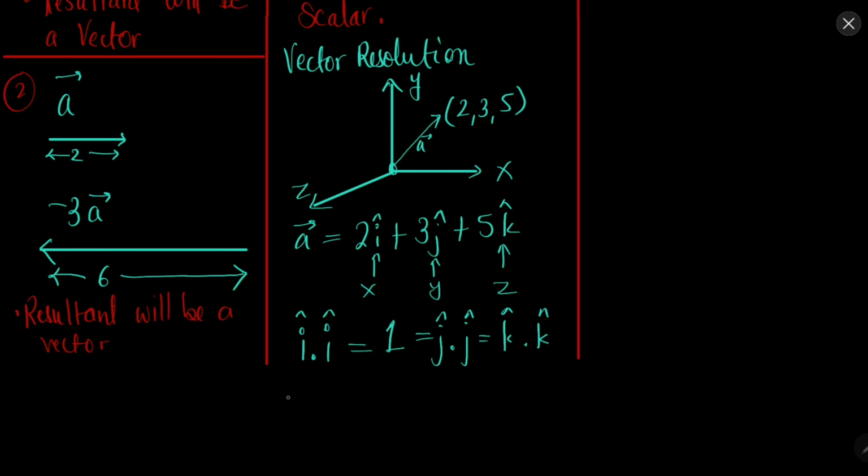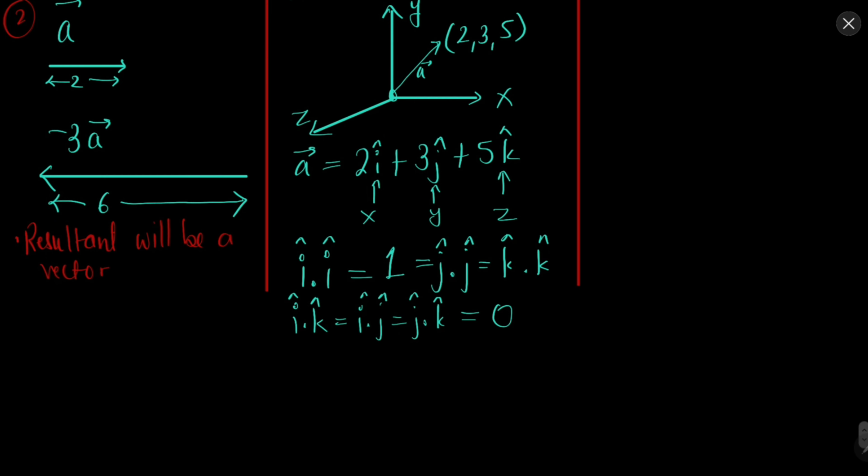all of these will be equal to 1. But what happens if we have i and k, or i and j, or j and k? All of these will be 0. Why? Because they are perpendicular to each other. Let's say i is here, j is here, and let's say this is k, this is i.